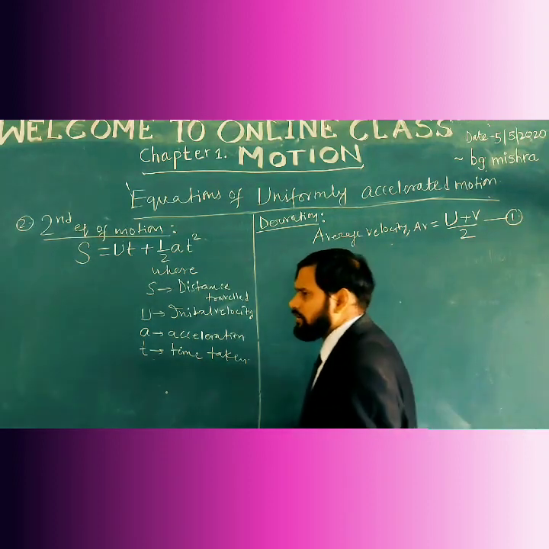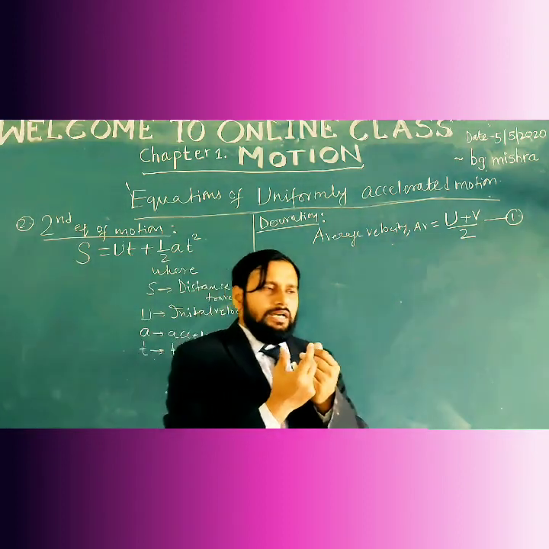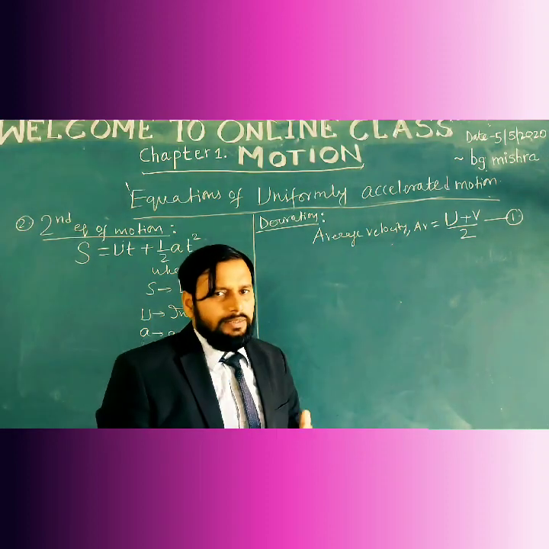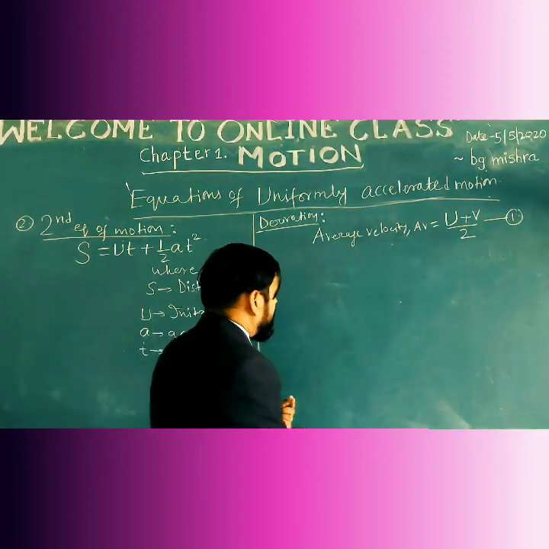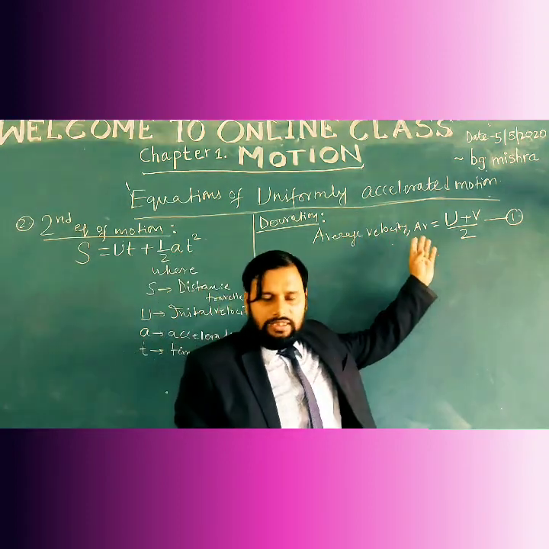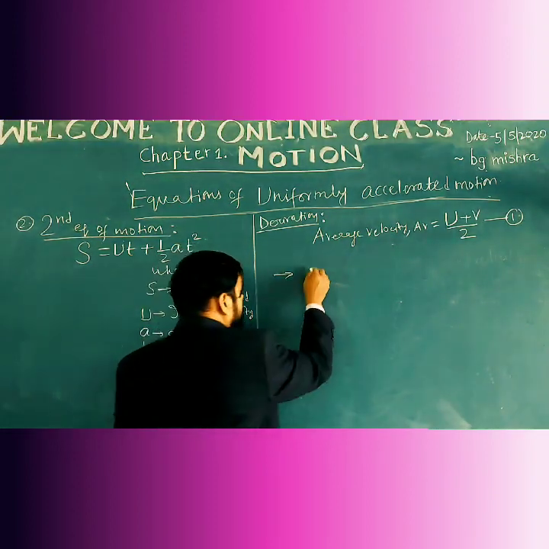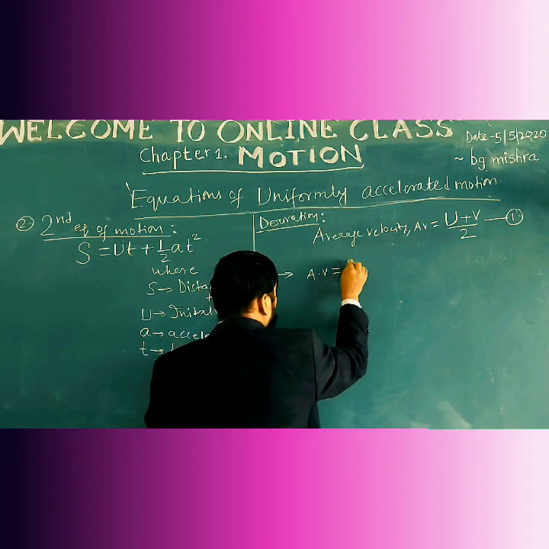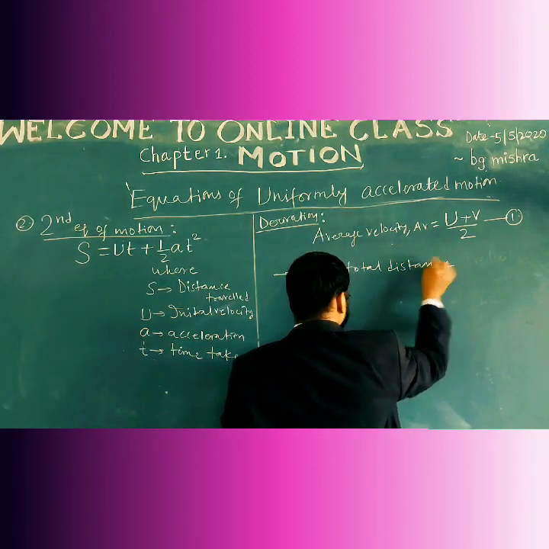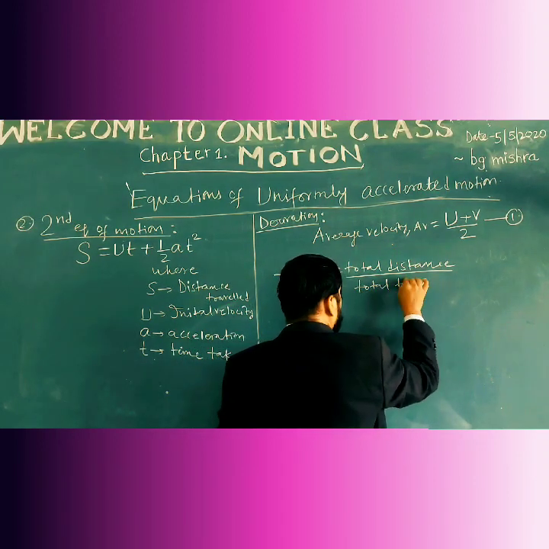Now in simple words, if we are calculating the average speed, average velocity can be given in other terms also. This is one formula for average velocity. The other formula for average velocity we can write: average velocity equals to total distance upon total time.